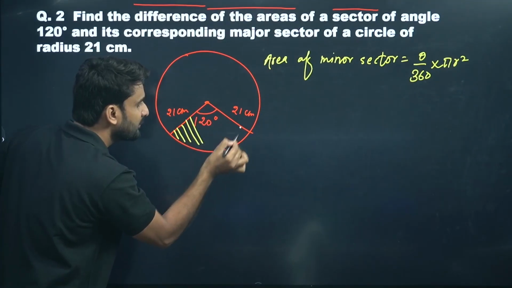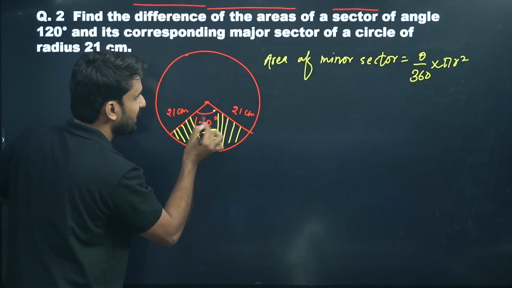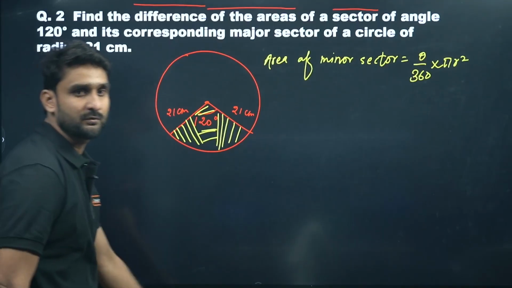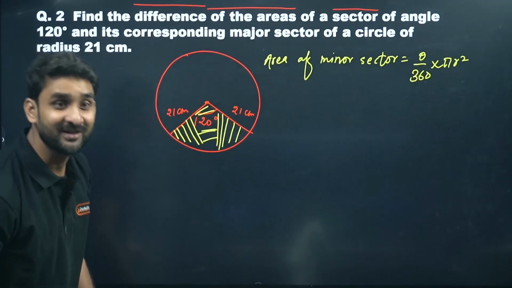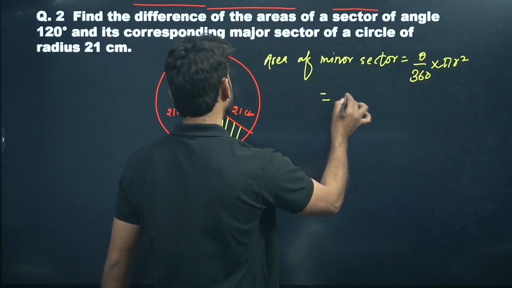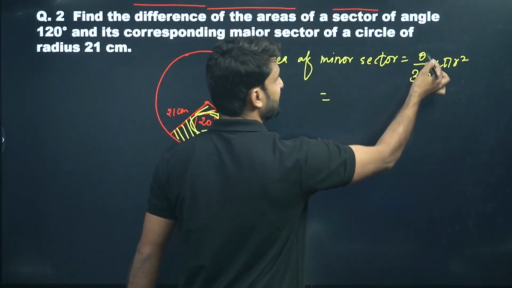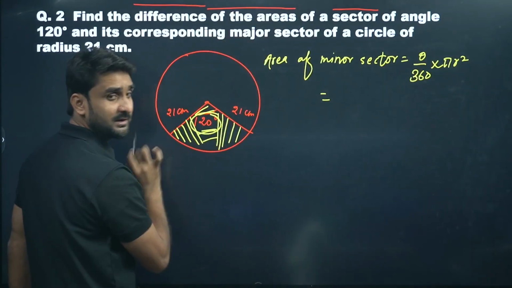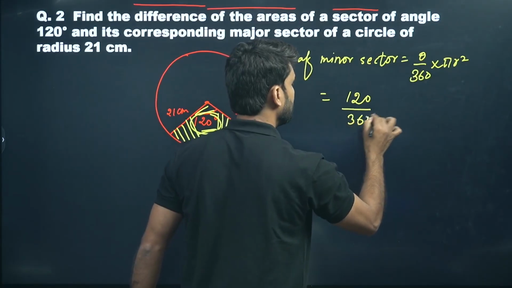Getting my point? I am not shading completely because the 120 degree would be hidden, and 120 should be visible to you, otherwise you will be confused where the 120 degree has gone. So the area of the minor sector: theta is this angle, 120 by 360.